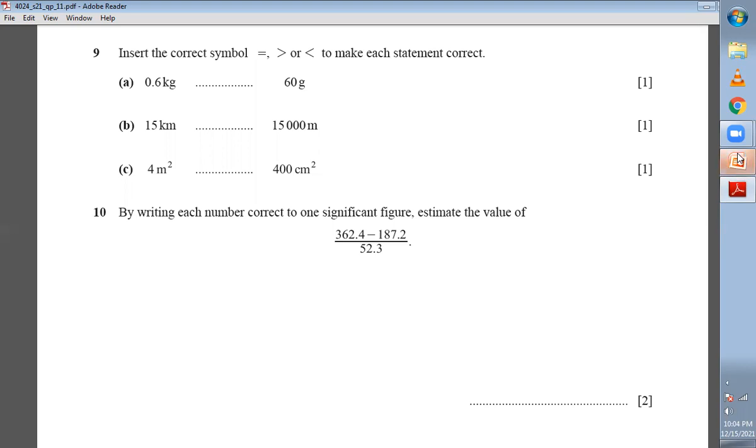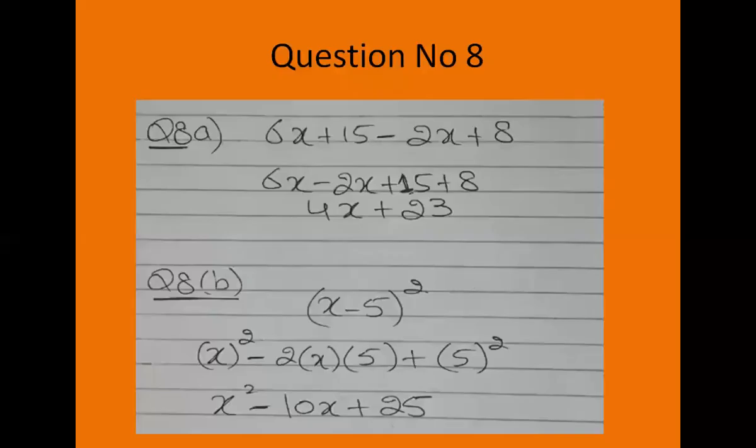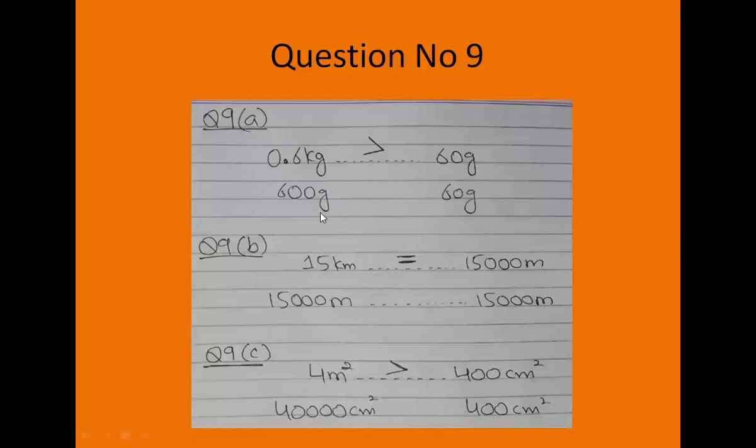Okay, so let's see question number 9, and it's A part. 0.6 kg, 60 gram. I will try to represent both the terms in the grams. So in 1 kg, there are 1000 grams. So 0.6 kg, you multiply it with 1000, you get 600 grams.